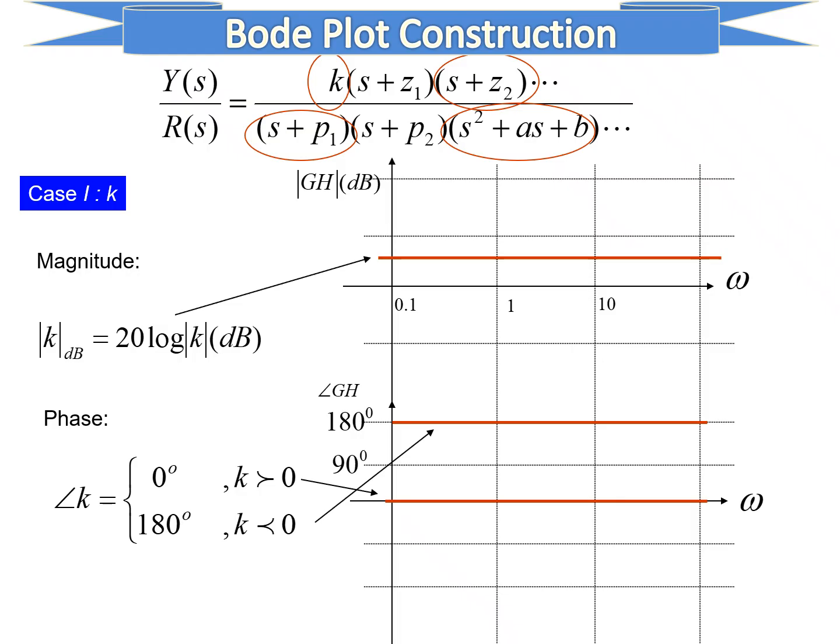First, case 1 is for K. The magnitude is the absolute value of K in dB.